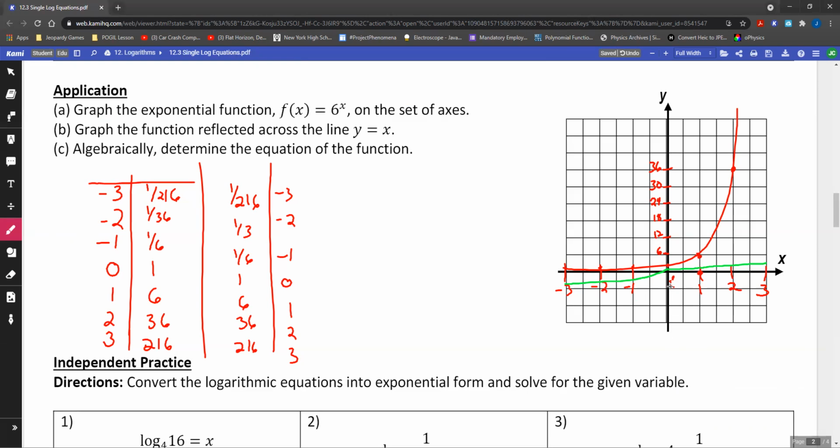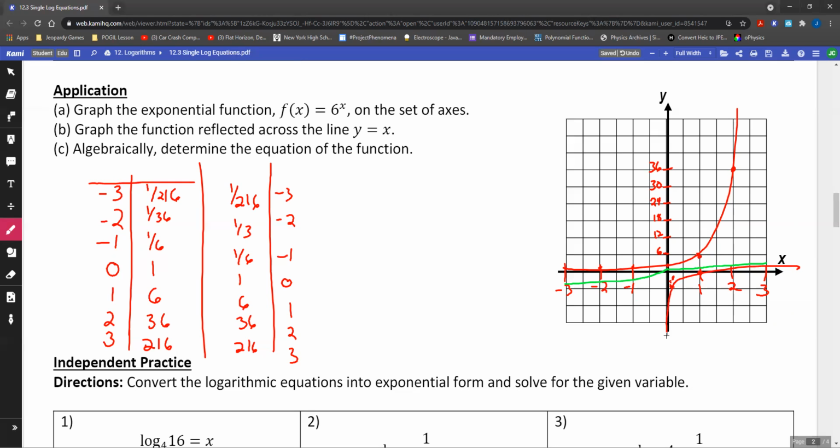And then this will go, yeah, I apologize, my drawing's a little bit weird.